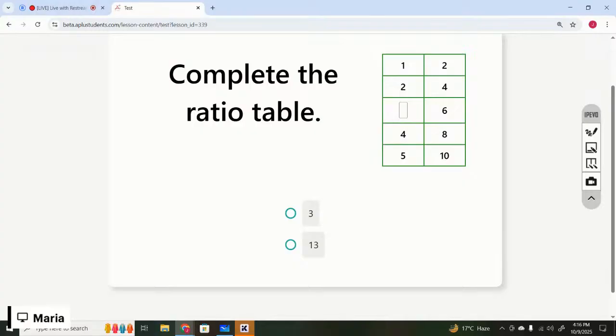So the missing value is 3. Option number 1 is the correct option. Very good.